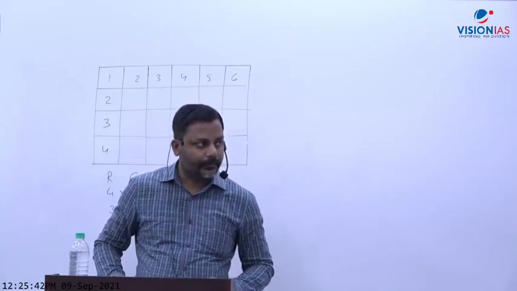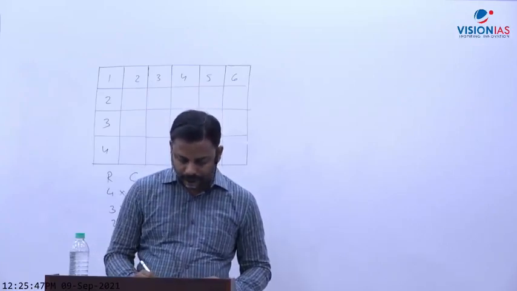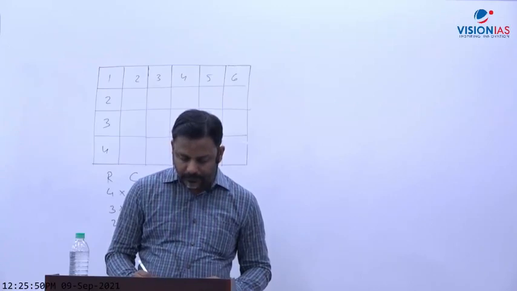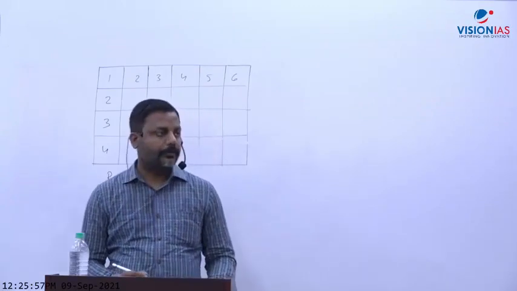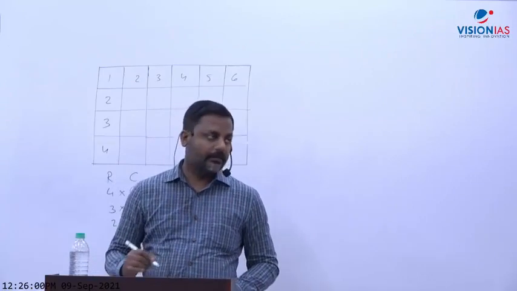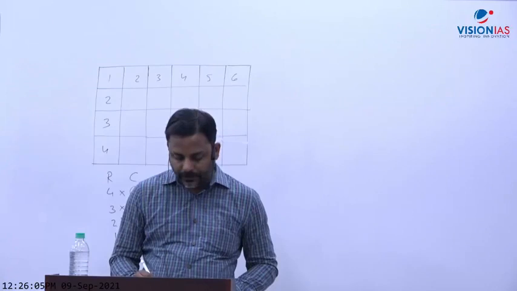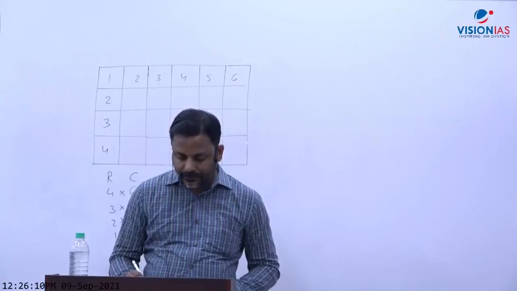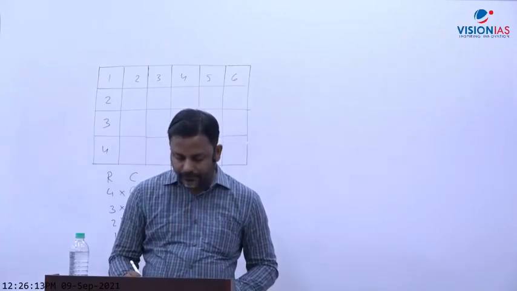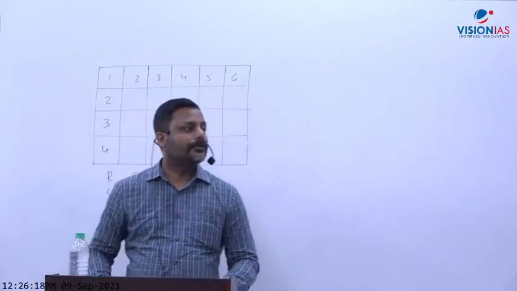Let's see, 1, 2, 3, 4, 5. Here also 1, 2, 3, 4 and 5. So 5 by 5 means the larger figure is a square. So what we will do, we'll make a square of all the numbers and add them. Adding them, we will get 55.